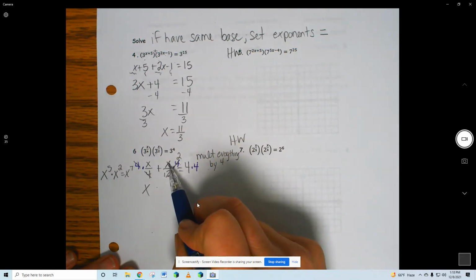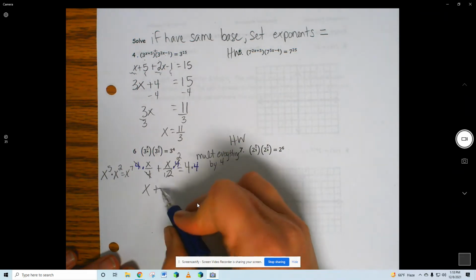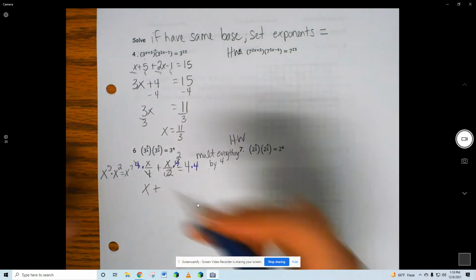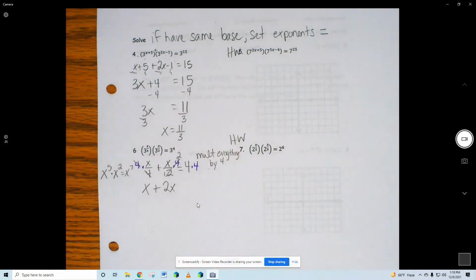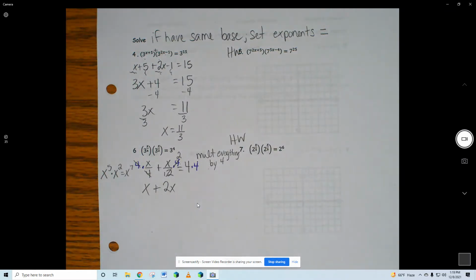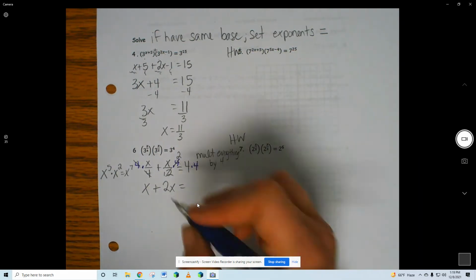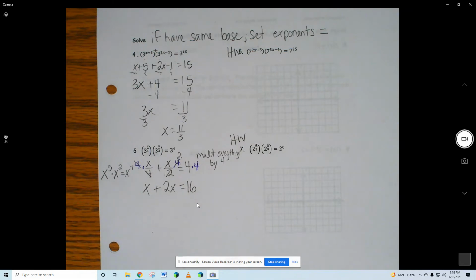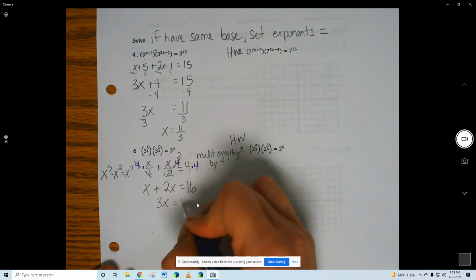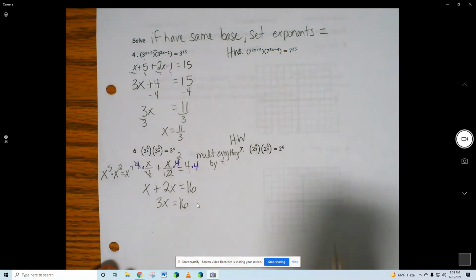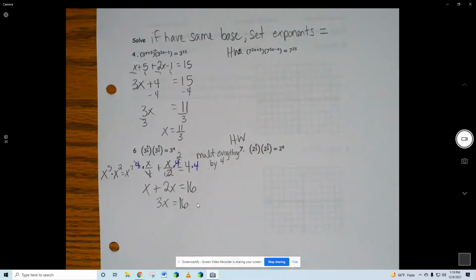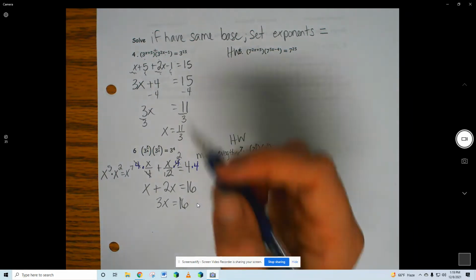This now says x times 2 plus, well, x times 2 is the same as 2x, equals 4 times 4. Everything gets multiplied by 4. I'm going to have another fraction answer. No problem. 3x equals 16. And then you just divide by 3.